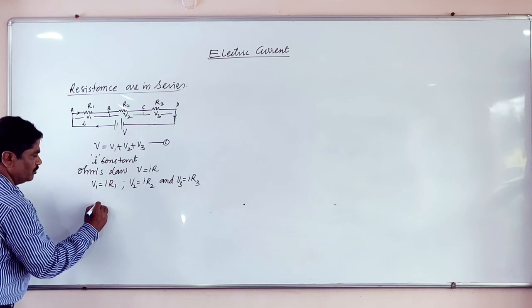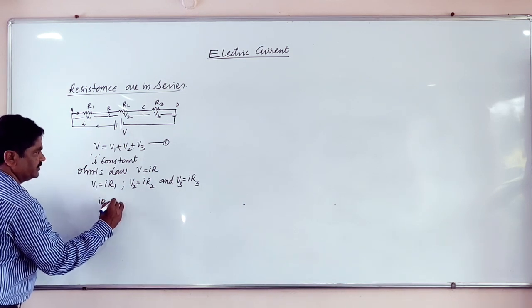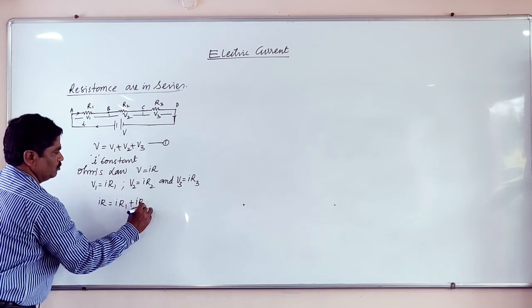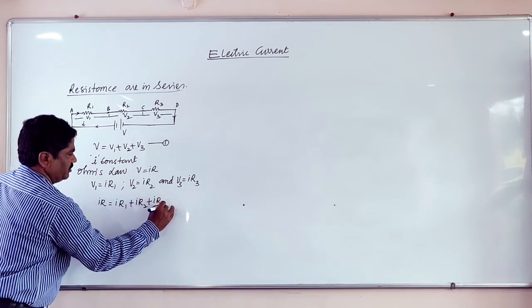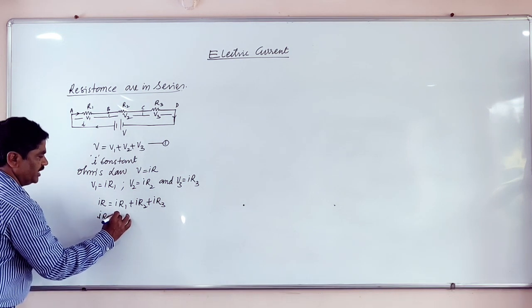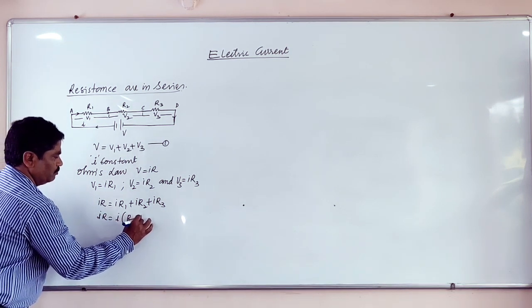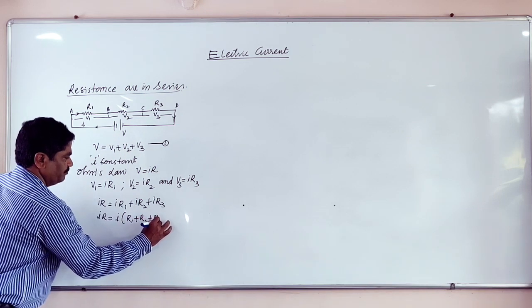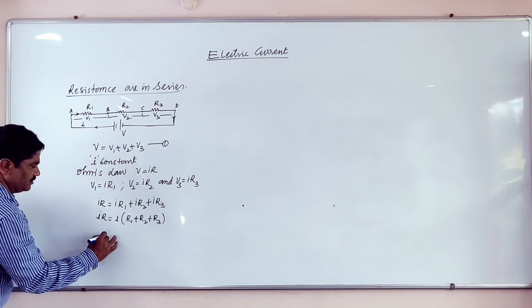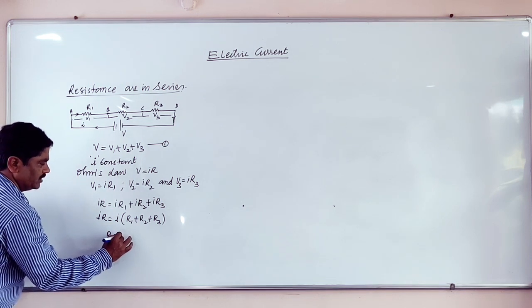So V is equal to IR, and we put the V1, V2, V3 values in equation 1. Therefore IR is equal to IR1 plus IR2 plus IR3. Now, taking I as common, IR is equal to I times (R1 plus R2 plus R3). Now I is cancelled on either side.